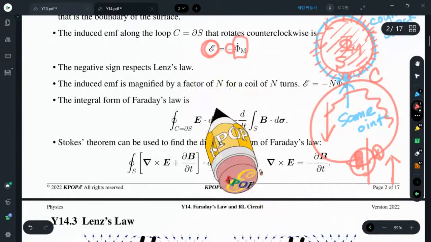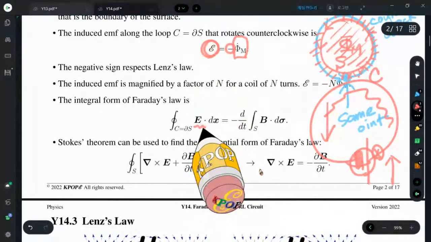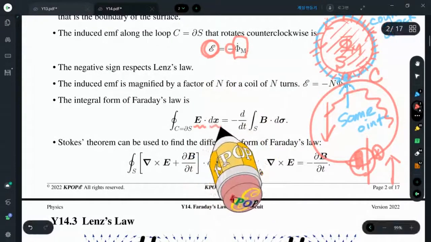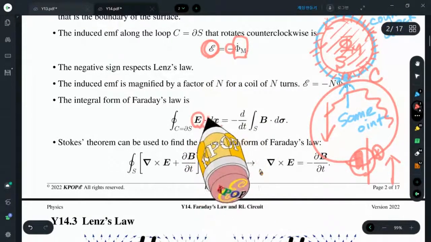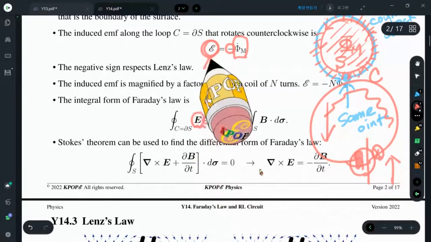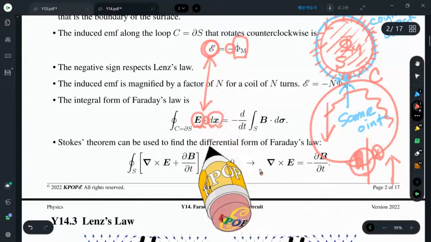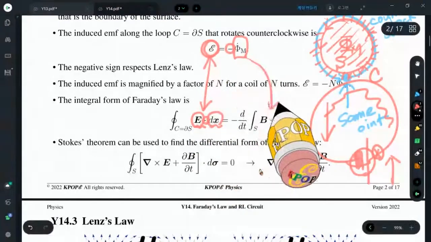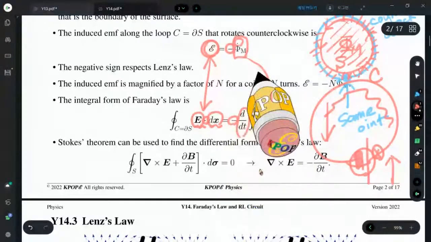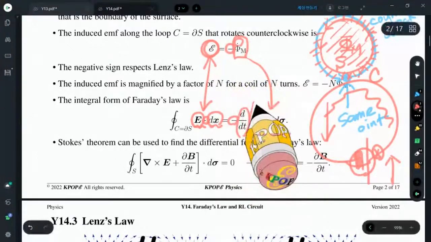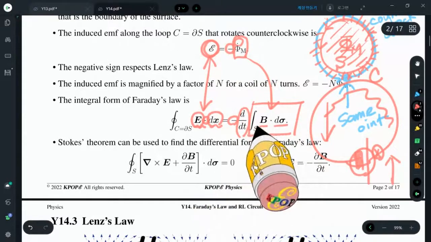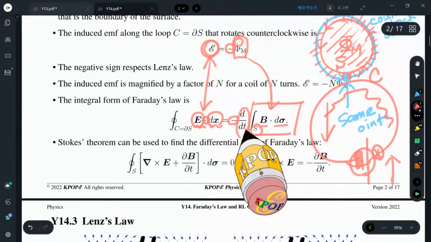So potential can be evaluated by integrating over a path the electric field and displacement scalar product. So this one is identical to this. We express the negative time derivative of phi m, the magnetic flux, the magnetic field and surface vector integrated over the surface.